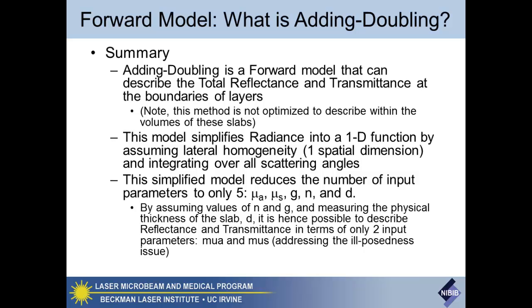So by assuming values for the index and anisotropy, and actually measuring what the physical thickness would be, it's then possible to really just describe reflectance and transmittance in terms of just 2 parameters, namely absorption and scattering. So now you have two measurements, 2 unknowns. That's something that will meet the condition of ill-posedness in an idealized case. There's always that caveat.